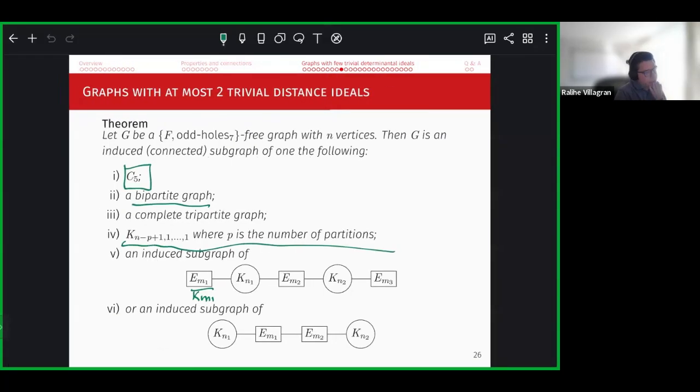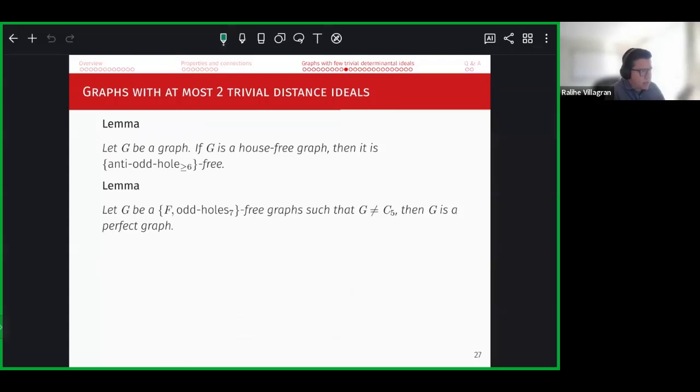And actually, some months ago, we didn't know how to approach this problem, but it turns out that work done on graphs free of certain sets of induced graphs is very helpful. For instance, something that is easy to see is that if a graph is house free, that means it's free of this graph, then it has to be anti-odd hole free.